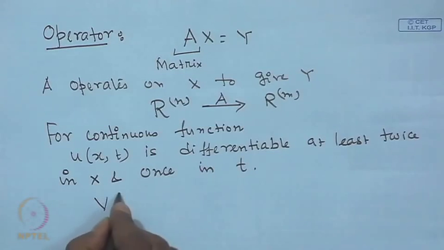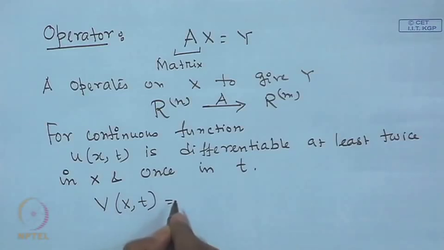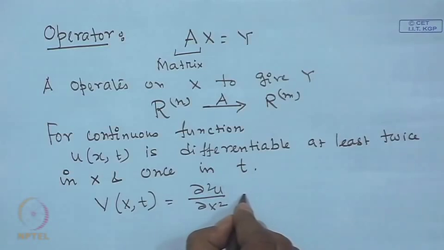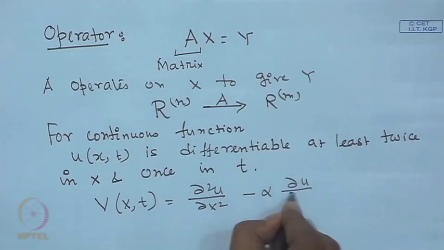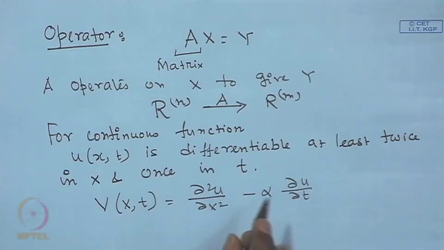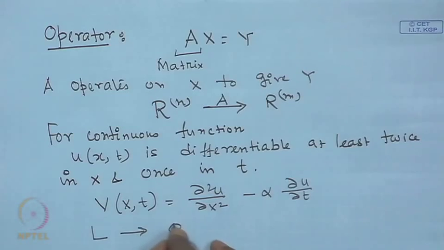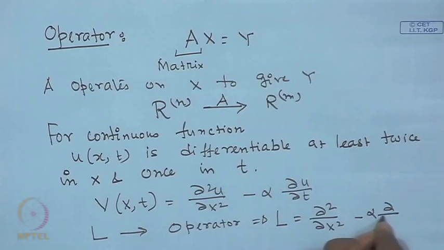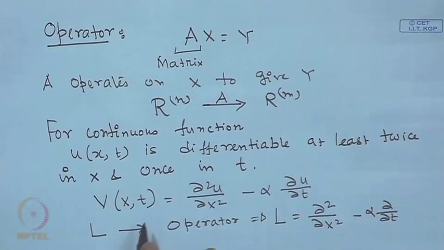Then we consider this function v of x, t as del square u del x square minus alpha del u del t. Then we denote the operator by L. So, the operator here in this case is del square del x square minus alpha del t, and we write v is equal to L times u.